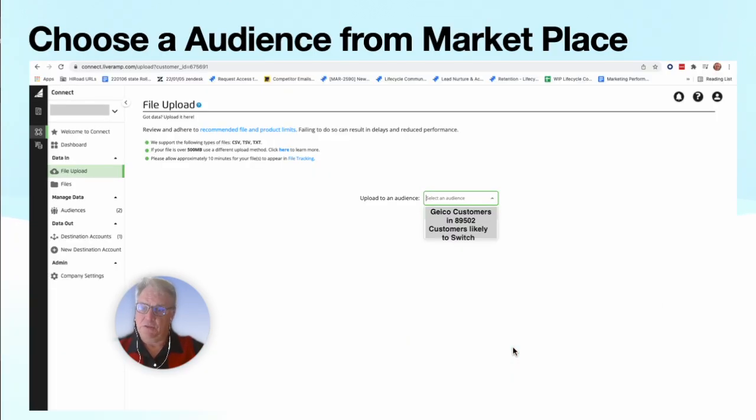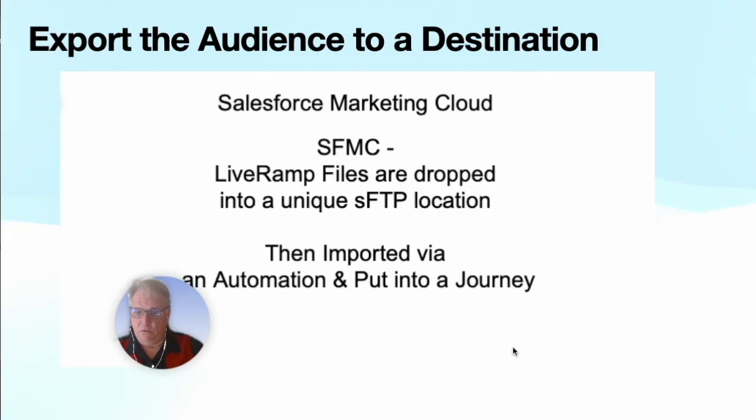Here's a file upload example from LiveRamp. Geico customers in my zip code that are likely to switch. Then you can filter them and build a segment to say, switch next month. Then what happens? You upload that into LiveRamp.